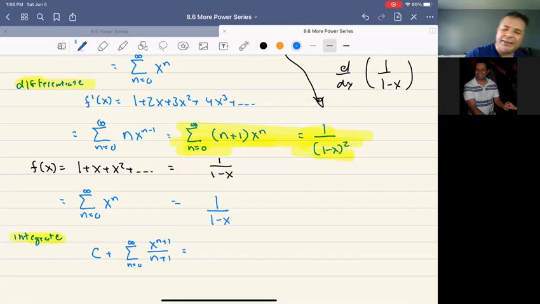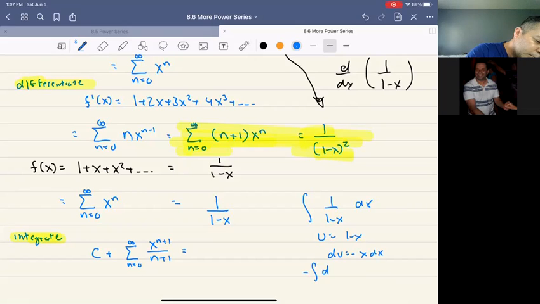What are we going to get on the right-hand side? That's a logarithm, isn't it? Right? u equals 1 minus x. du is negative dx. Let me just do that. Hold on just a second.